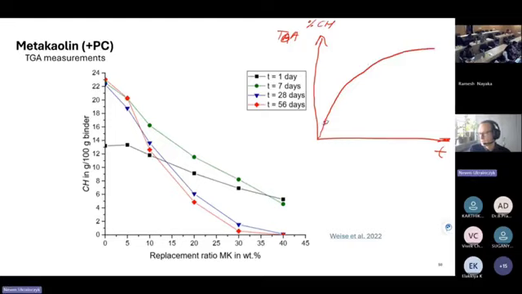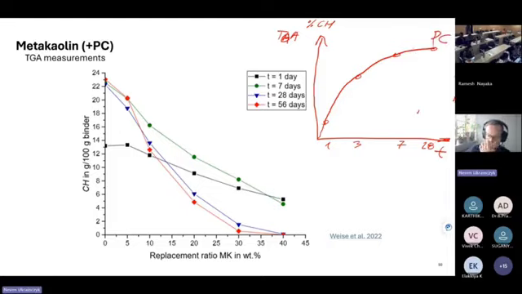You are probably measuring at 1, 3, 7, 28 days. Let's say it's logarithmic space. And so this is the Portland cement reference.